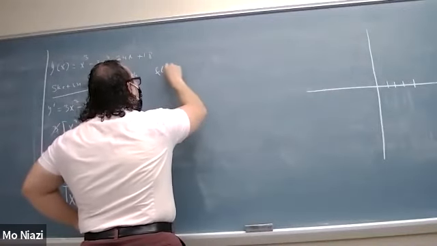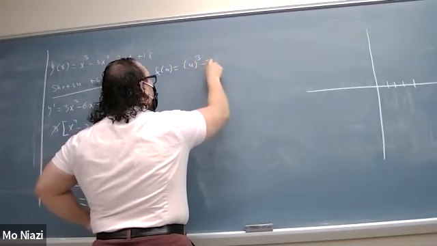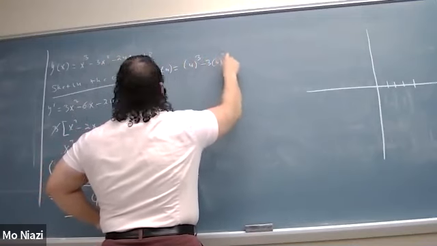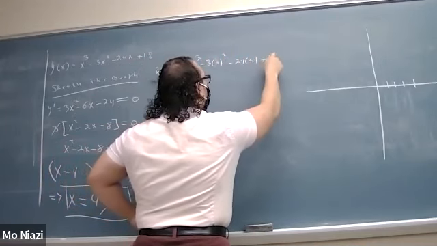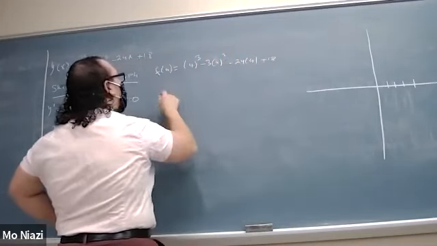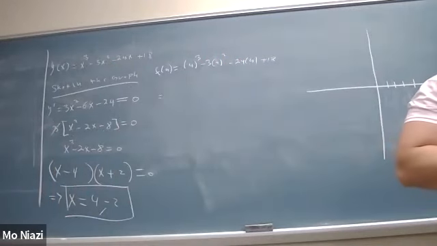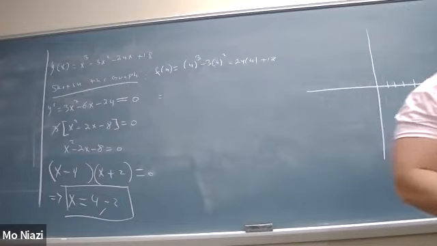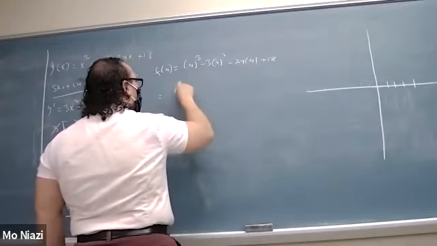F of 4 is 4 cubed minus 3 times 4 squared minus 24 times 4 plus 18. Okay, 4 cubed, what is that? 64? That sounds right.